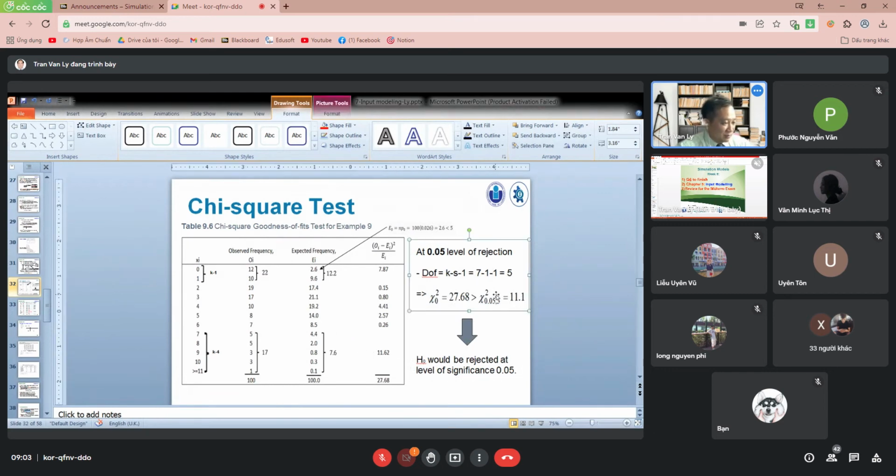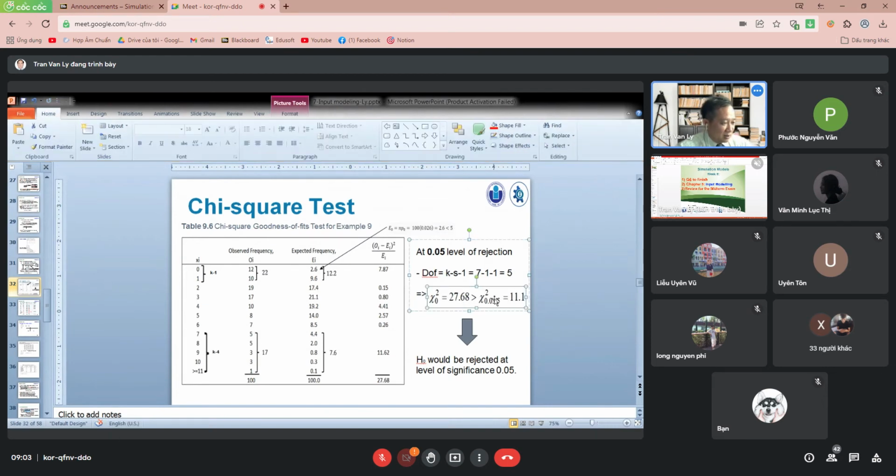Because the chi-square is too big versus the table value of 11.1, we reject at the significance level of 0.05.